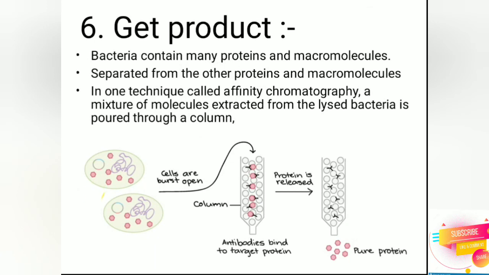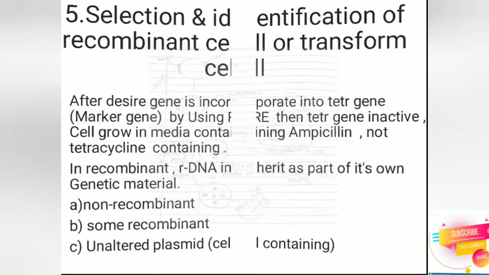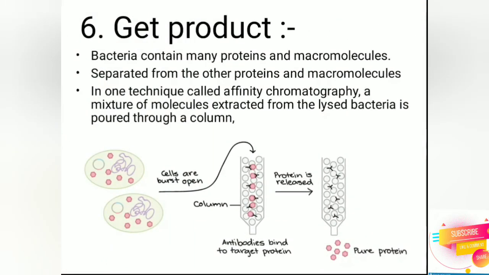We burst or lyse this bacterial cell, and after lysing we introduce it into this column. This is affinity chromatography, used to separate the components of the cell and our desired product.